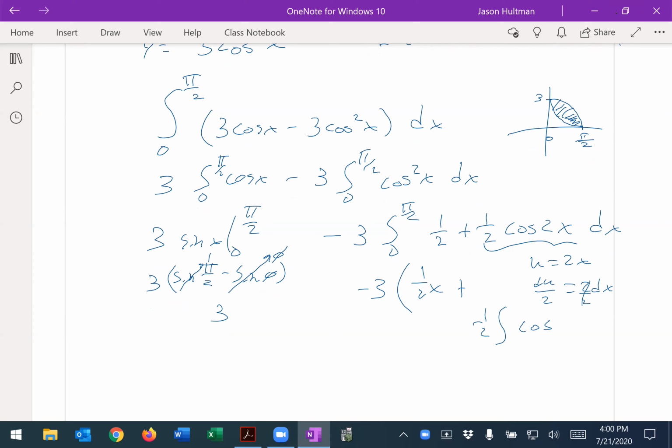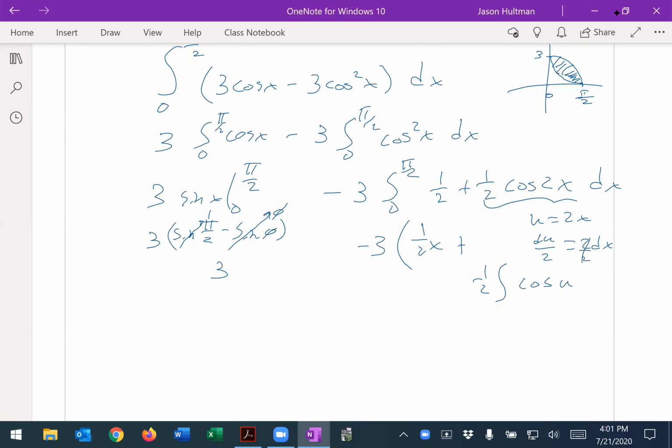I'm going to go back to x's in a minute, which will make me happier, though I don't have to. I could change my limits of integration here, and then this would be 0 to pi. Just keep that in mind: if we use du's, we have to change our limits of integration.